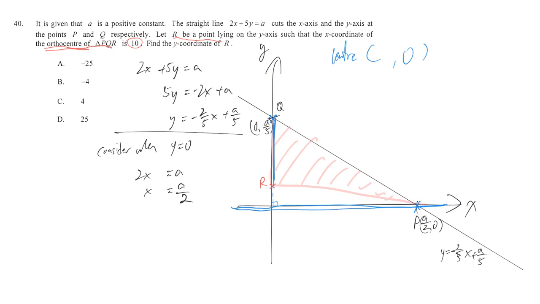The second thing, we just use 1 point. How about if we use R also? If we use R to find the perpendicular line to the opposite side, from R to this side, we will draw a perpendicular line here, and the point where they meet, this is the orthocenter.